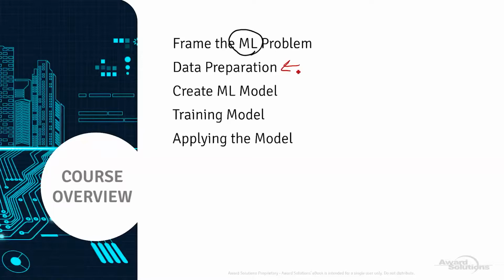We're going to look at what it means to prepare the data, which is a large piece of doing a machine learning analysis. We're going to go through creating a machine learning model and training the model so that it can learn from the data, and then we'll look briefly at how to apply that model so that we can use it for new predictions as well.